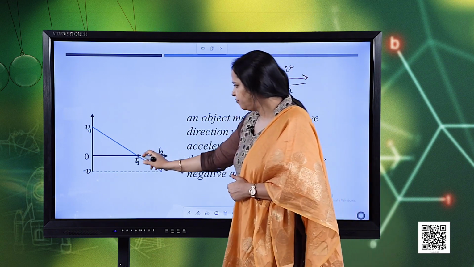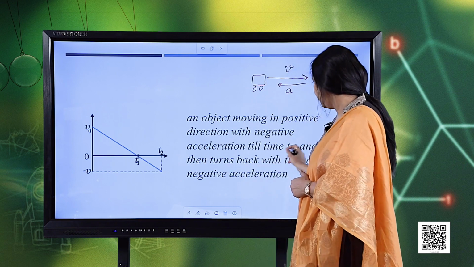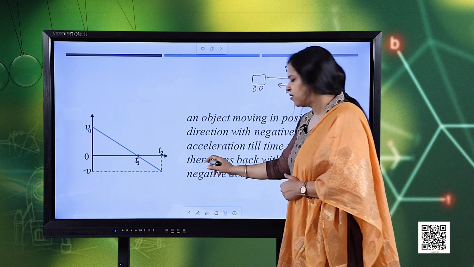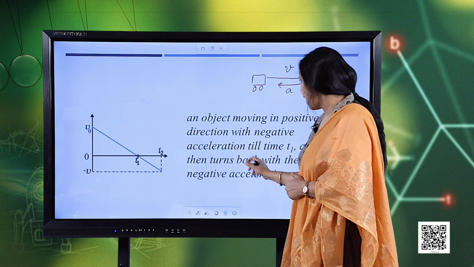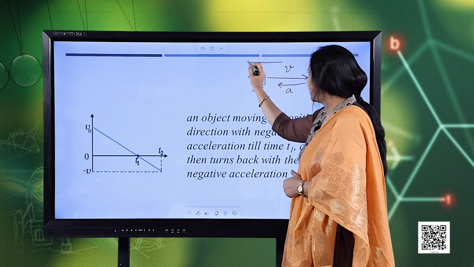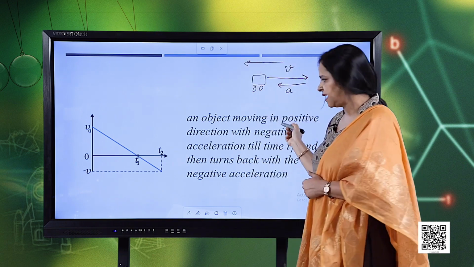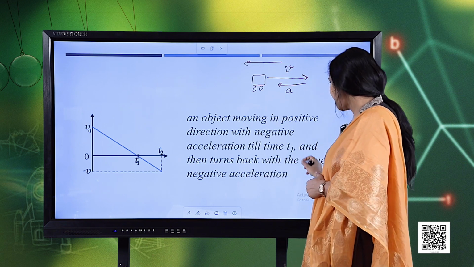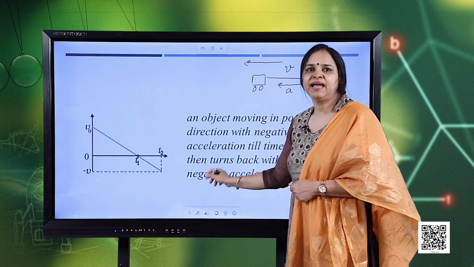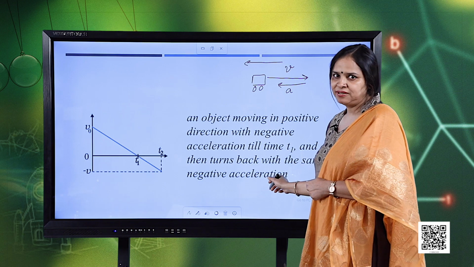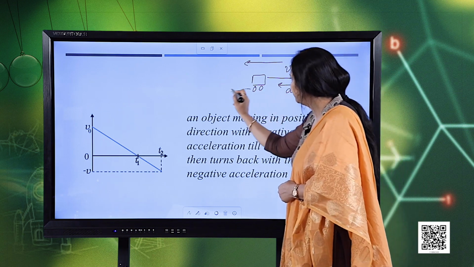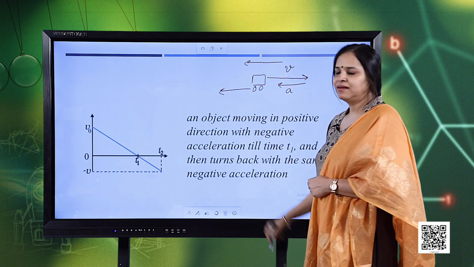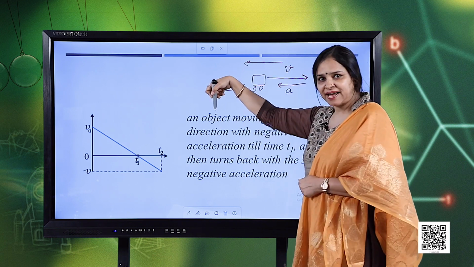After the 0 velocity, the object or the vehicle turns back, meaning it turns its direction and then continues moving with the same negative acceleration. The acceleration continued to be in the same direction, but the velocity has changed its direction.